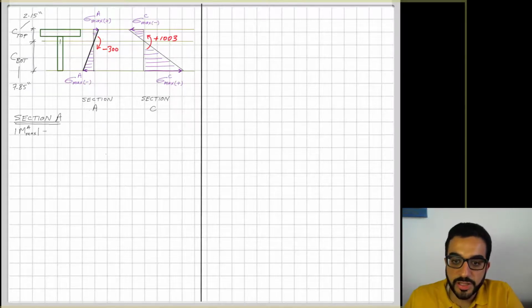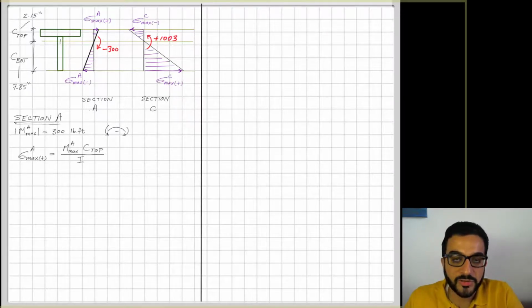So we'll start with section A, and just remind myself that the maximum moment here is 300, and its magnitude, its absolute value, because I already know if it's positive or negative, so I don't have to use the formula that says sigma is equal to negative My over I. I will use all absolute values now, and I already know what I'm calculating here, positive or negative stress.